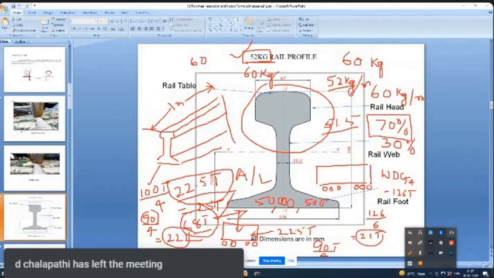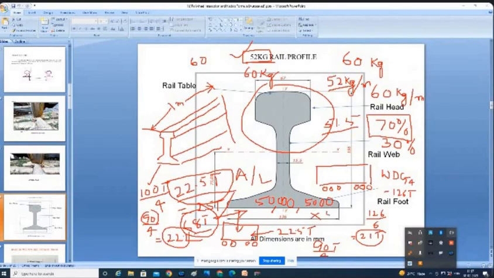We are running 59 wagons, so 59 into 5,000 is almost 3 lakh rupees extra that railway will get on each rake. That is why if more tonnage is running, railway will get more revenue on freight. So in future we want to run more tonnage wagons.